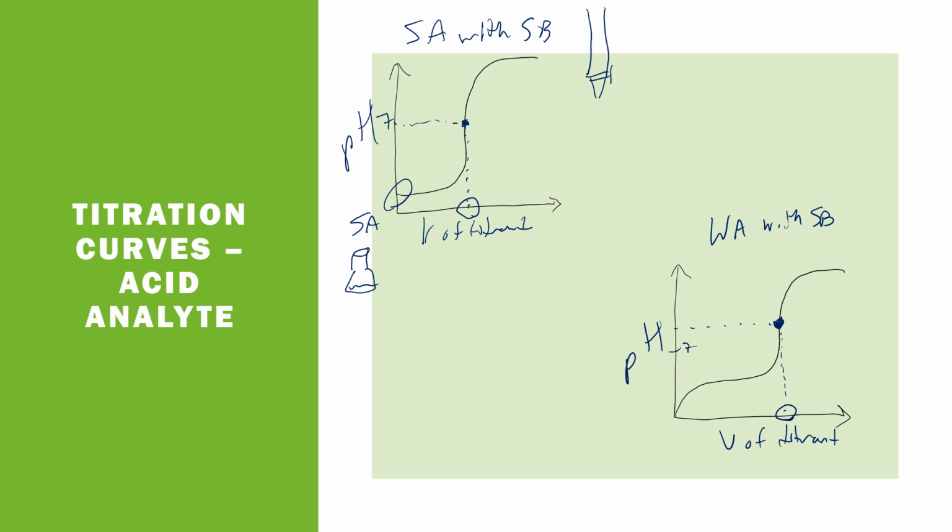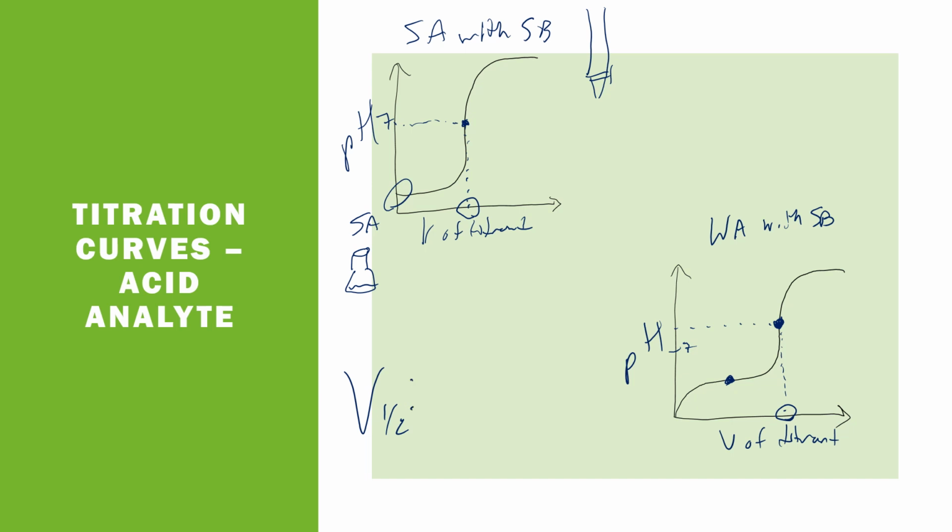There's a cool thing with weak acids, you can actually get a little bit more information out of it at what we call half equivalence point. Sometimes I'll write a V1 half. It's half of the volume that it takes to get to equivalence point.